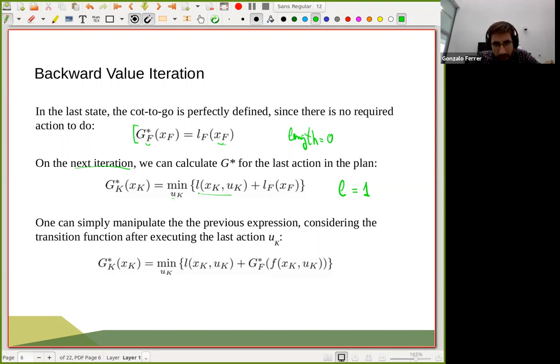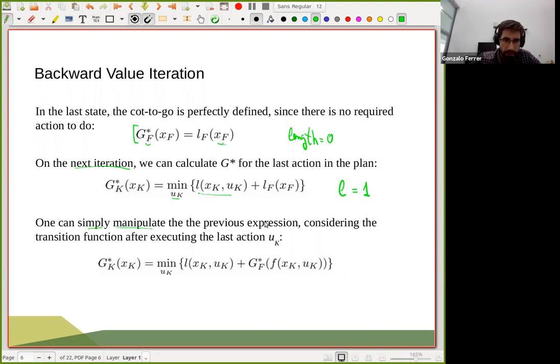And the problem is then solving what is the action that gives us the minimum cost, right? So we can manipulate a little, and I'm going to go very slowly on this definition. Maybe you already know about it, but I'm going to go step by step so there will not be any doubt about what we are doing here.